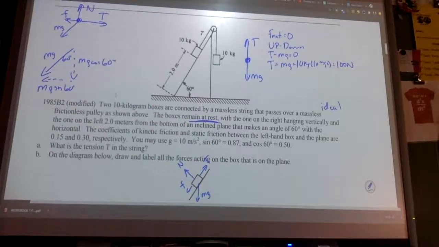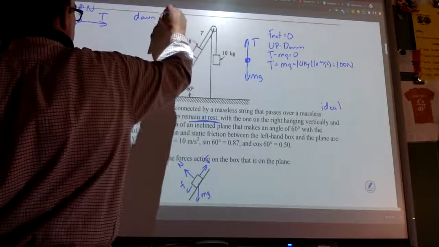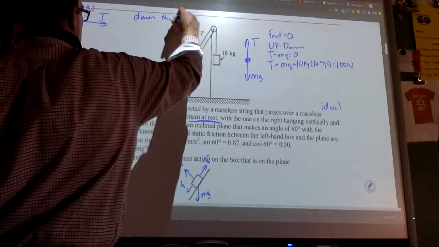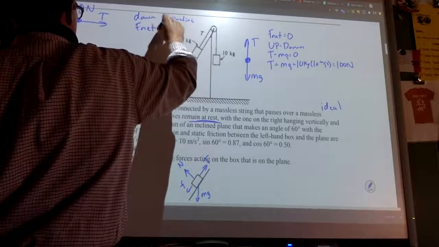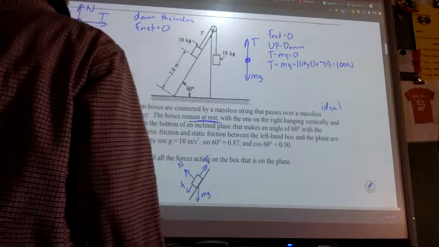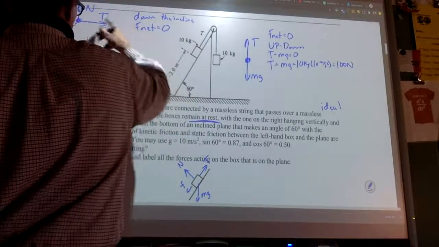So if I want to find friction, I'm going to do Fnet equals 0. So I'm going to say down the incline, parallel to the incline, Fnet is equal to 0. I'm going to take right minus left.